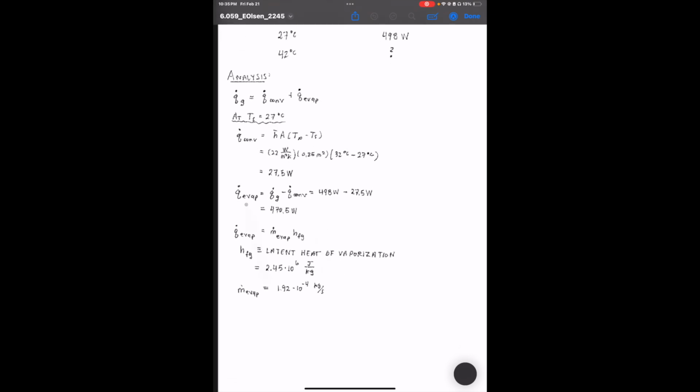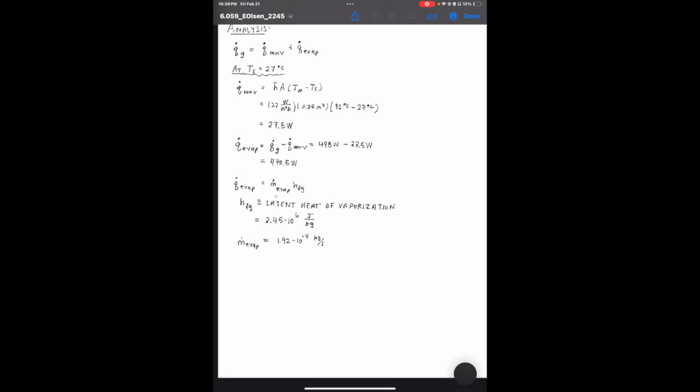We can next find what our evaporative heat transfer rate is, and that just takes our generated heat minus our heat transfer due to convection. And we know this 498 watts since it was given in the problem statement. So that means the evaporative heat transfer rate is going to have to be equal to 470.5 watts.